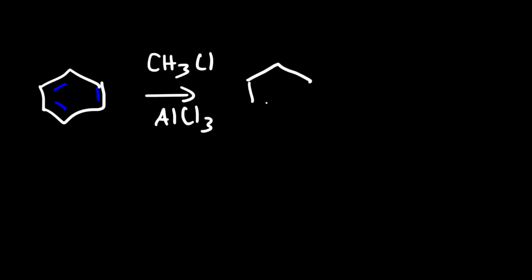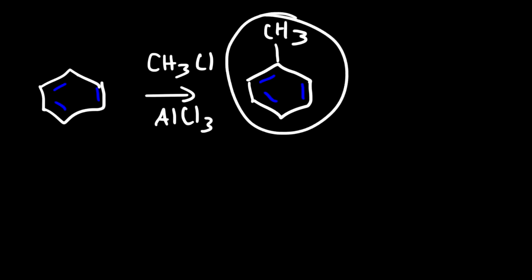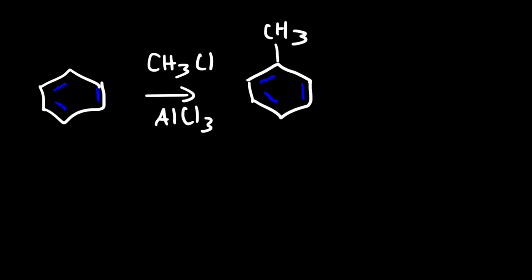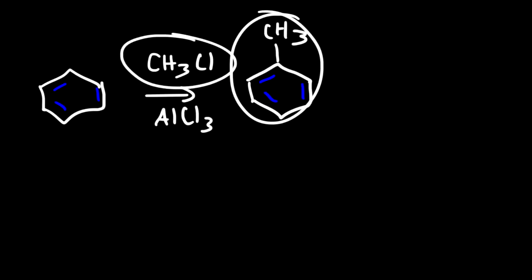So this is going to give us toluene as the monoalkylated product. Now, the R group is a weakly activating group, so therefore toluene is more nucleophilic and more reactive than benzene. So therefore, this is more likely to react with another methyl chloride than benzene.